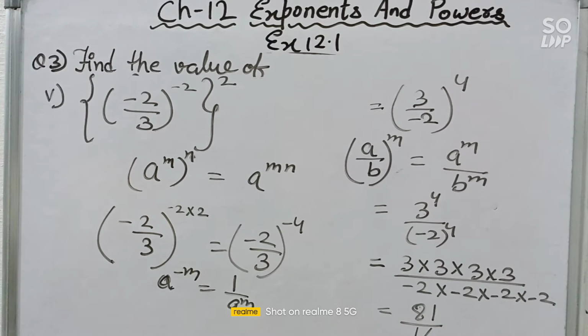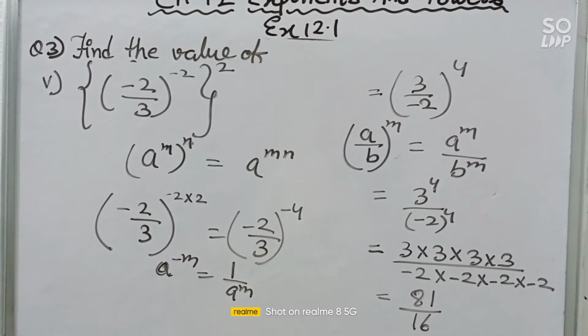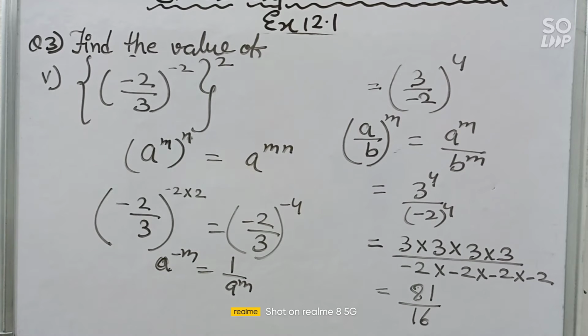Now you all must be wondering where this negative sign has gone. When we multiply one negative with another negative, it becomes plus. So this minus minus becomes plus and this minus minus becomes plus. And then plus multiply plus is plus. So our answer is 81 upon 16.